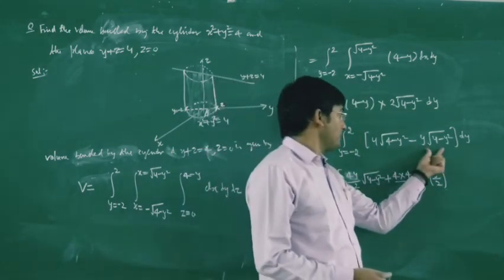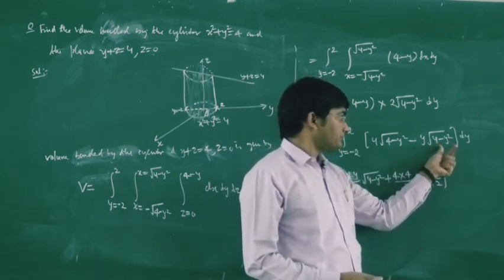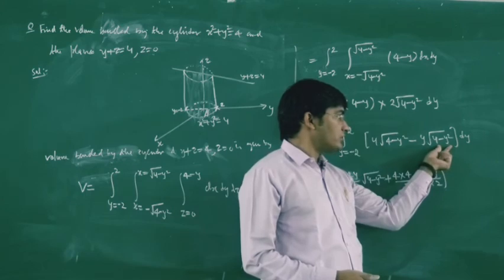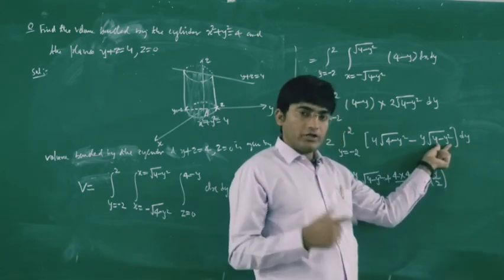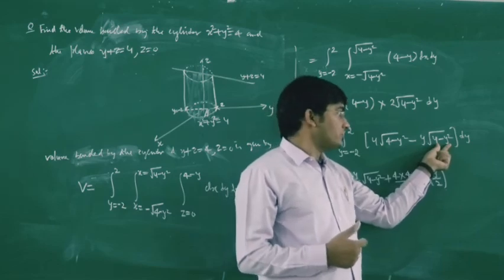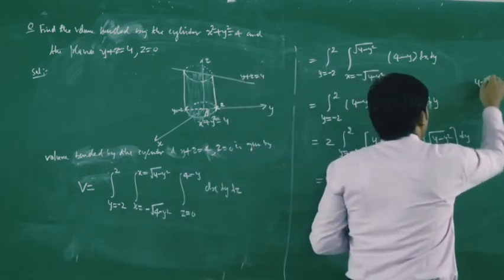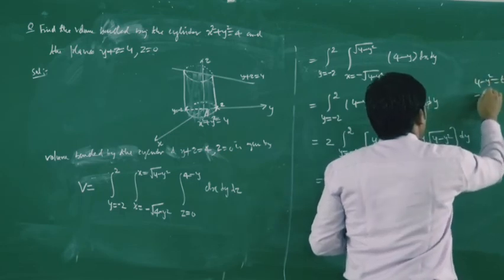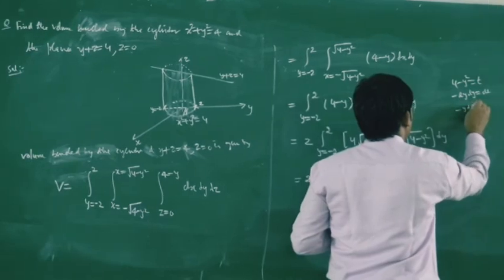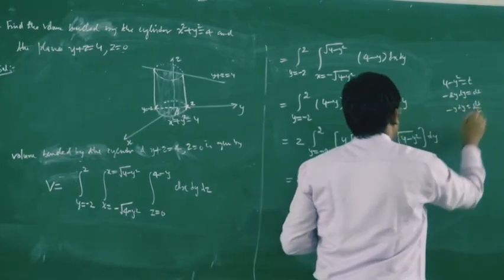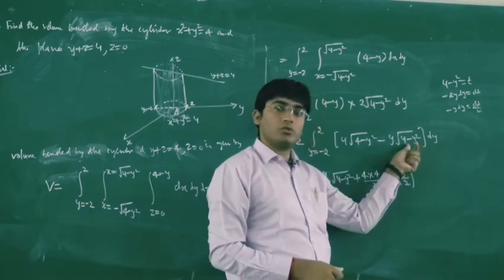Now again, for this second bracket, if we take 4 minus y square equal to t, then this will be minus 2y dy equal to dt. So we have minus y dy equal to dt upon 2. So this minus y dy will be dt upon 2. Now this is the square root of t.